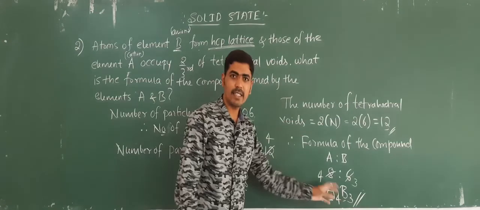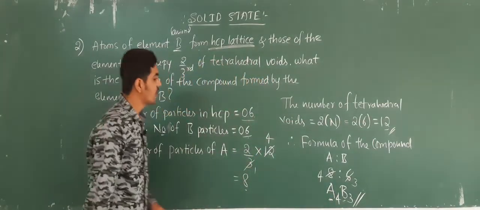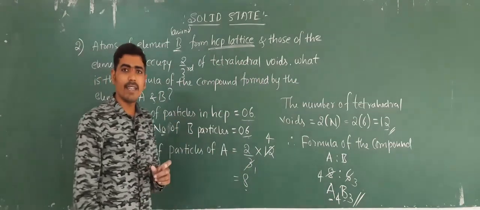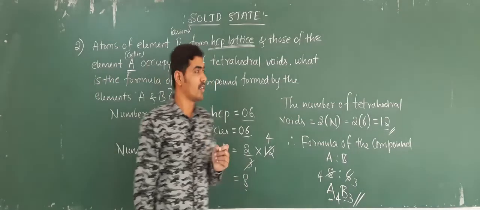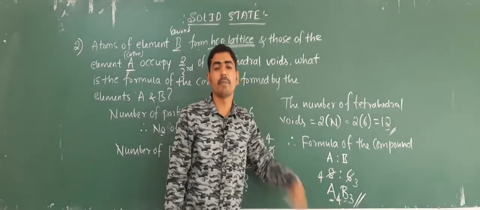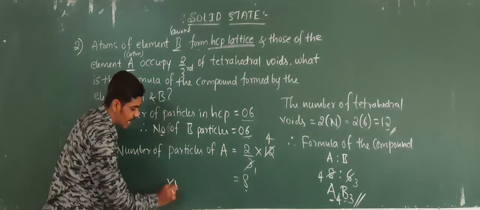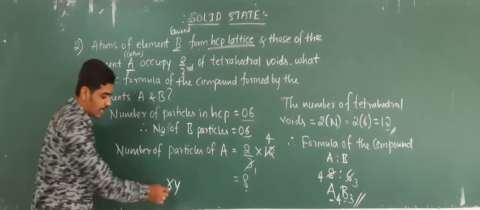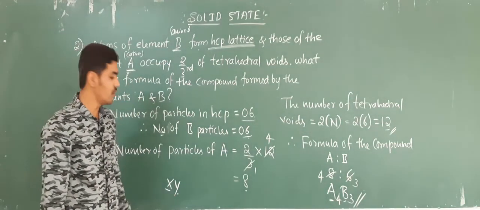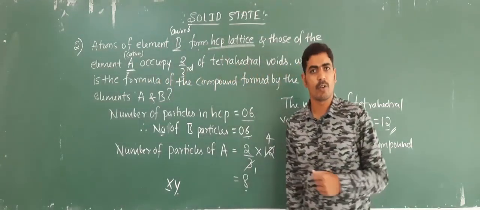Here I have written A first because it is a cation, and then B because it is an anion. In the previous problem also I have written first X and then Y, because X is cation and Y is anion. So based on that we are able to write the formula of the compound.